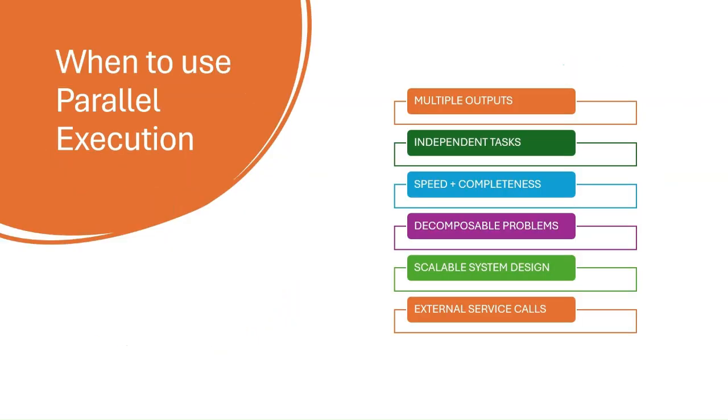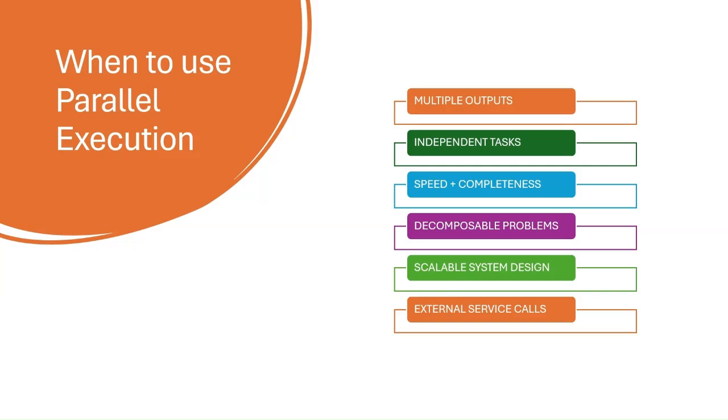Now, let's take a look at when to use parallel execution. Parallel execution is most effective when tasks are independent and can operate without relying on each other's output. It is particularly useful when faster response time is important, as concurrent execution reduces latency. This pattern works well for generating multiple outputs at once, such as different parts of content like subject line, email body, and CTA, that is call to action. We will see this as an example in the next video.